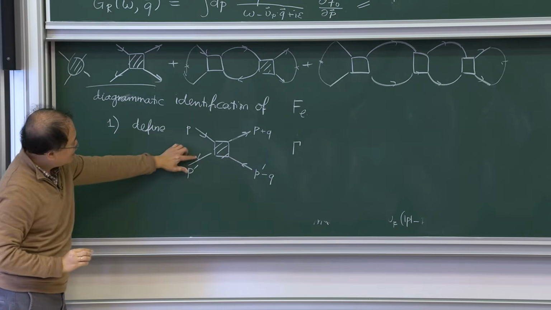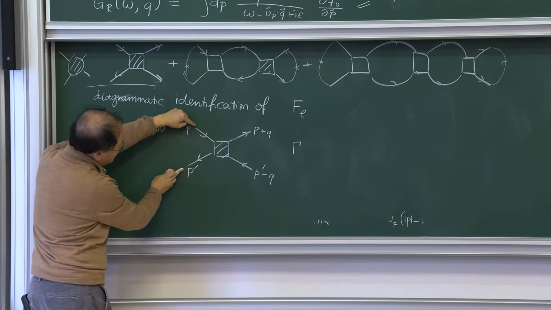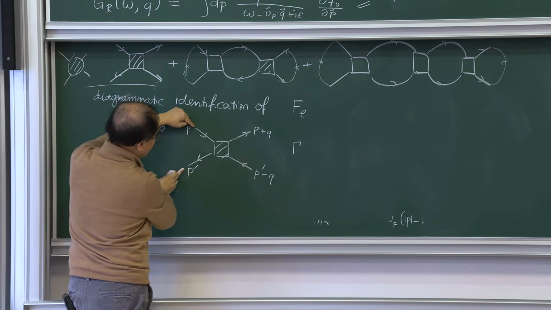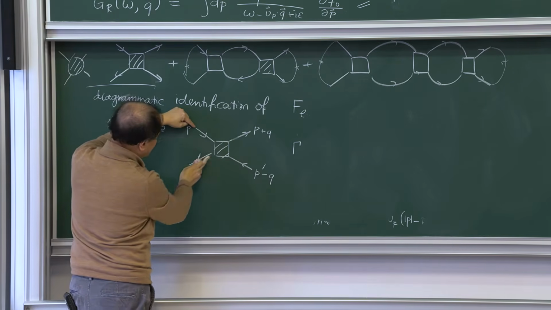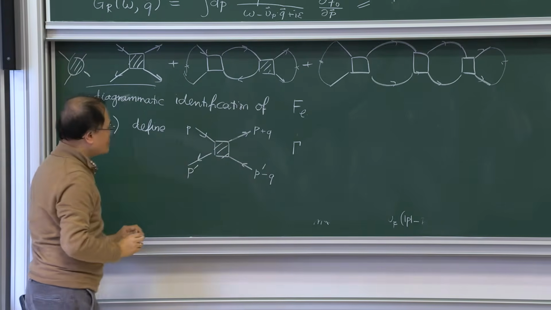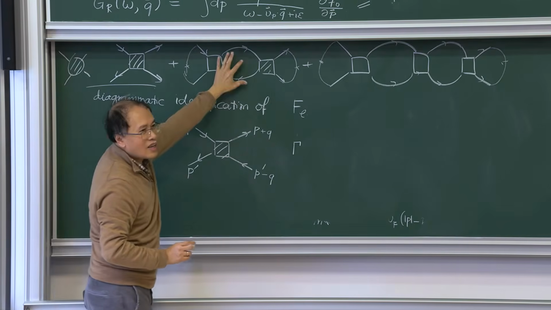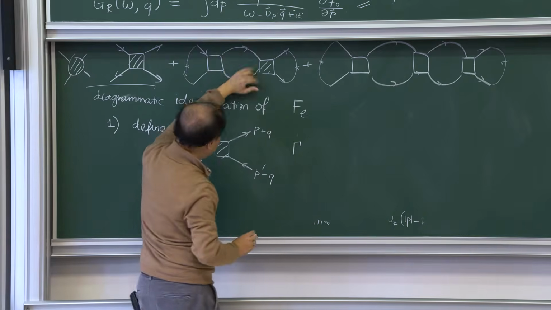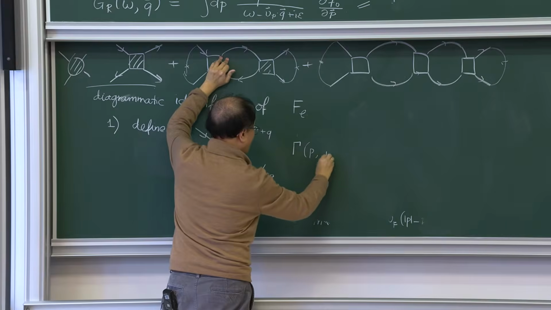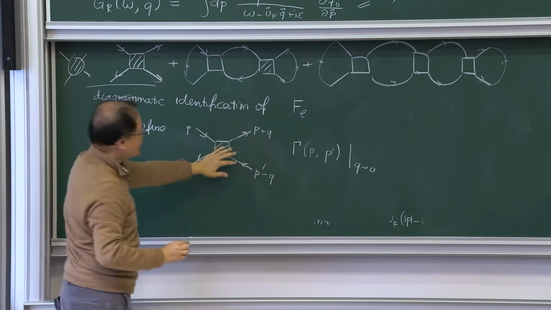Right, this is a particle. Let me see whether I have it right. Particle-hole 4-point vertex. If one neglects the diagrams with the loop, this vertex has a finite limit when q goes to 0.